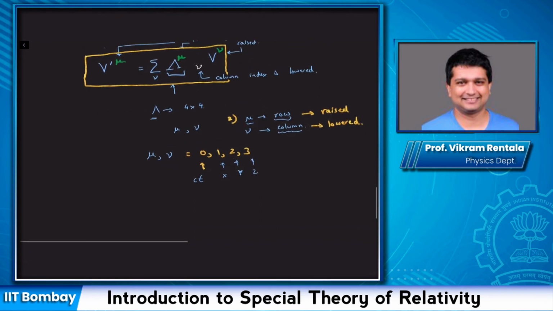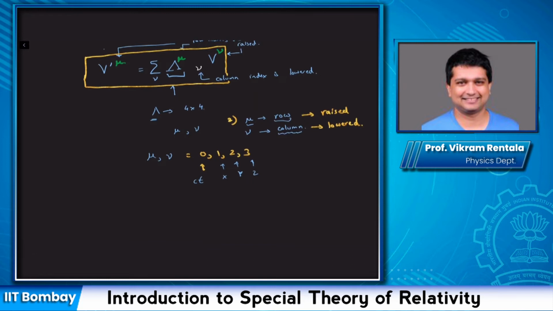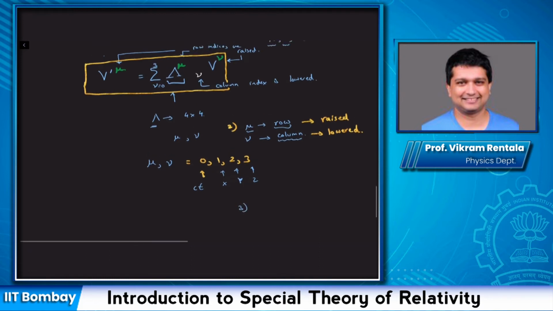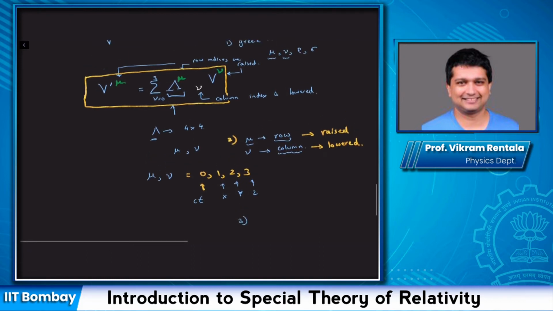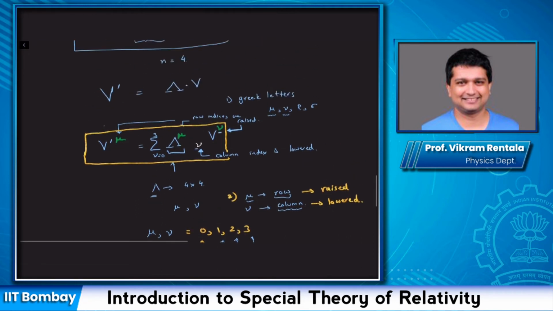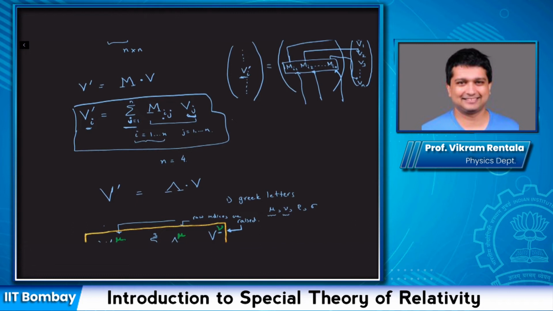Now, the third change that we will make is this sum over nu runs from 0 to 3. It runs over 0, 1, 2, 3. We know that when we have one column index and one row index which are the same, that is nu is the same as nu, it's like we're multiplying this row with this column.